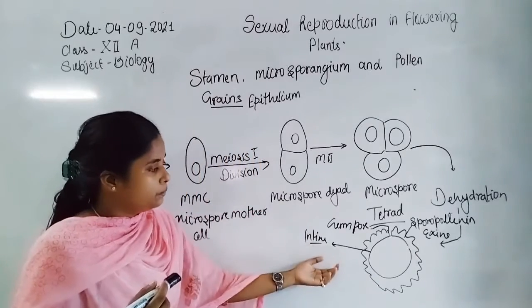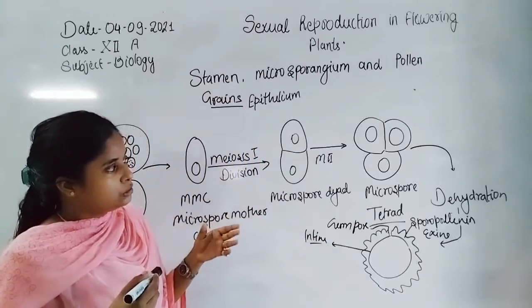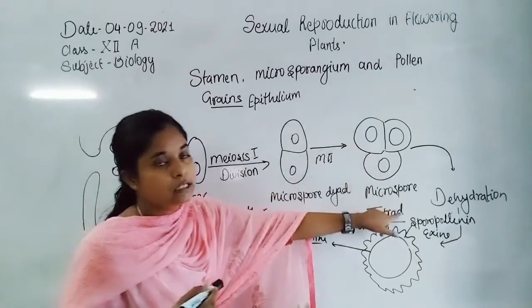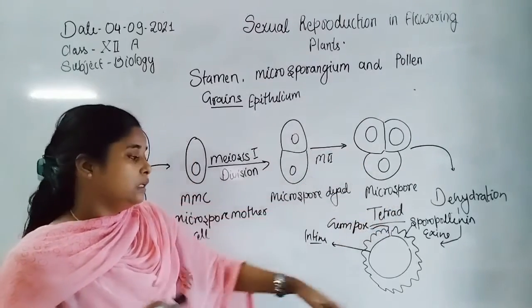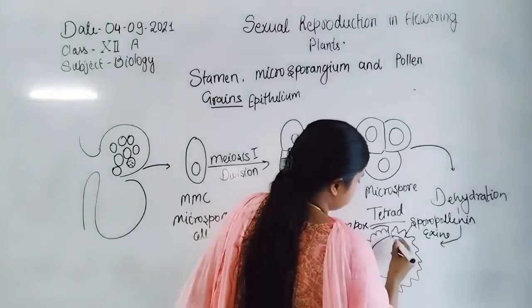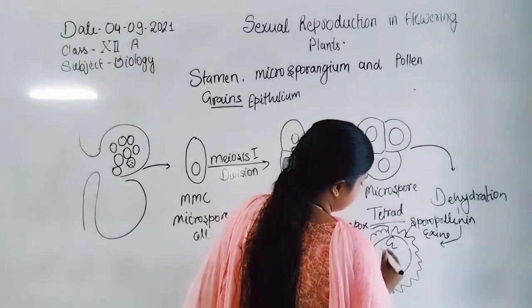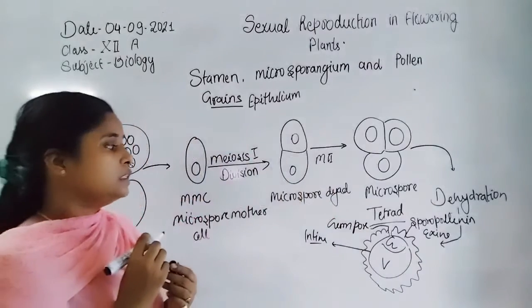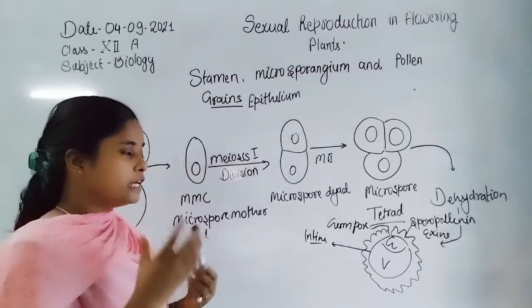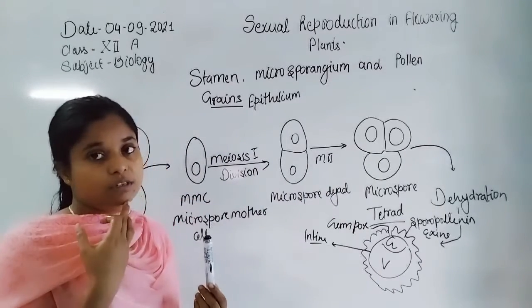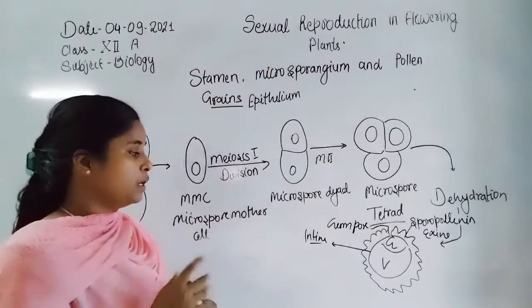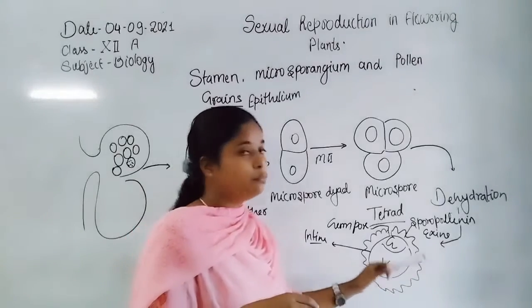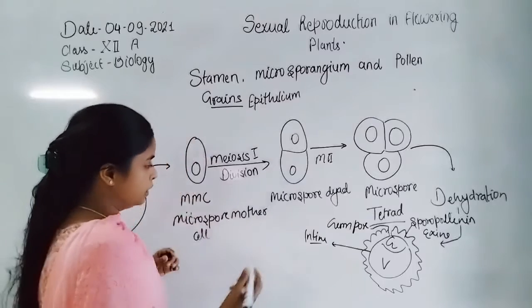Now in the single cell of the microspore there are two cells, the generative cell and the vegetative cell. The vegetative cell is large and the generative cell is small. The generative cell undergoes mitosis division to form two sperms, whereas the vegetative cell provides nutrition to the developing pollen grain.